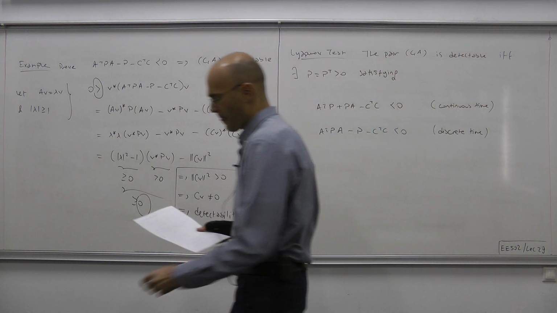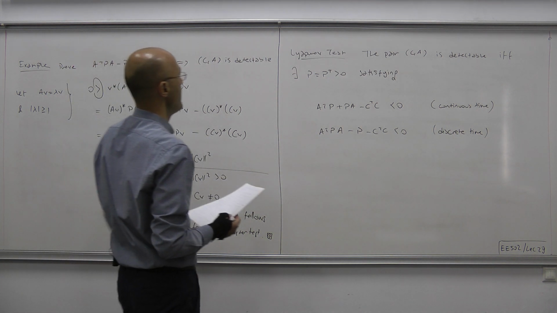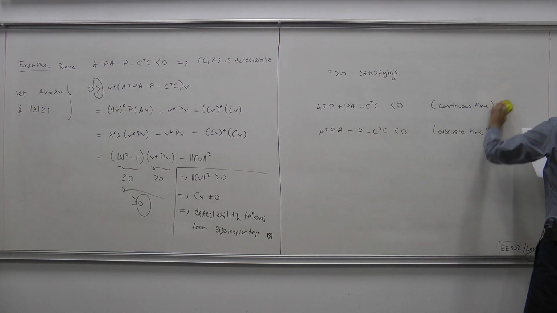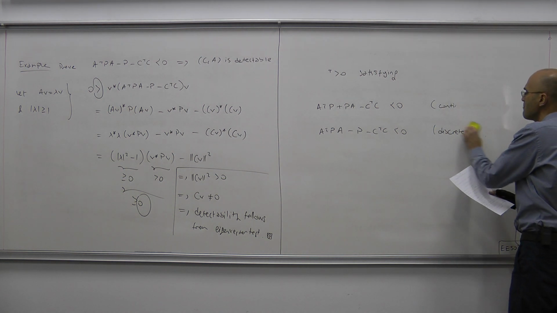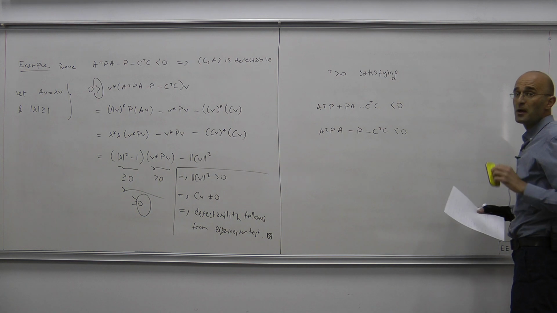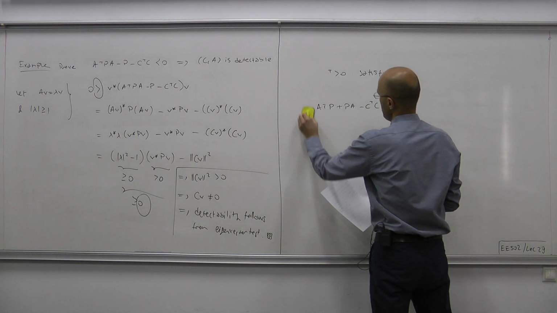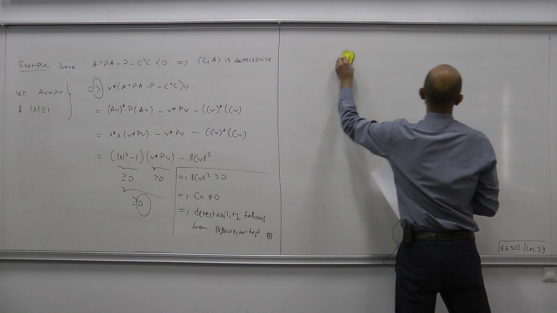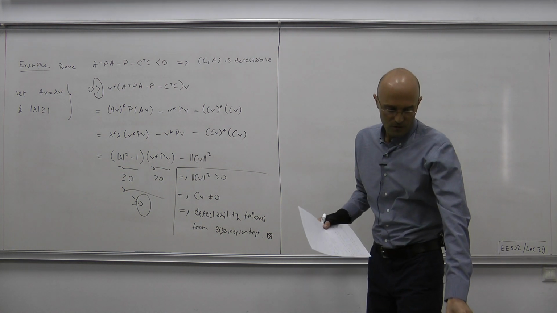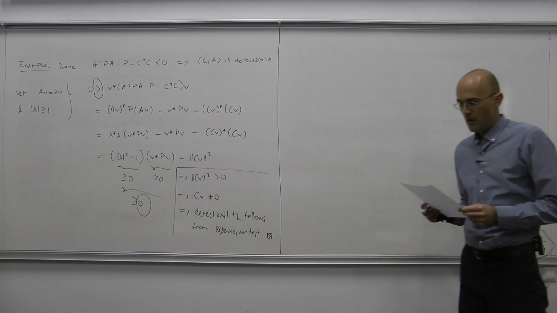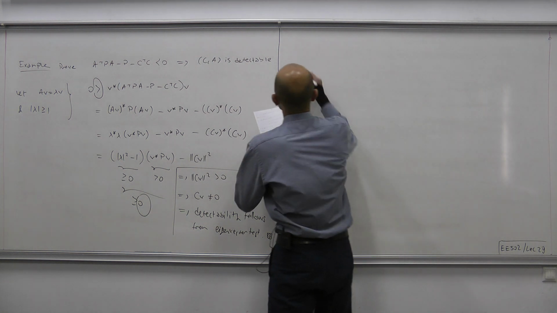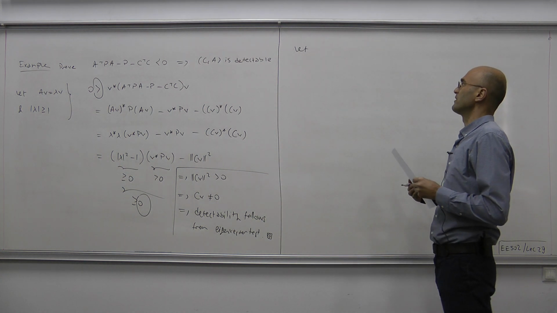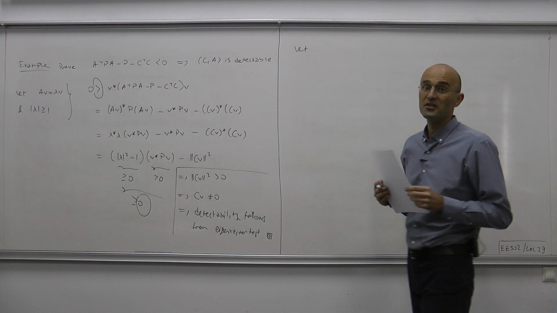Now, if a pair CA is detectable, then we can make the matrix A minus LC a stability matrix by choosing a proper gain matrix L, and that follows from the Lyapunov inequality. So let's put that observation down, which eventually will take us to the observer design.